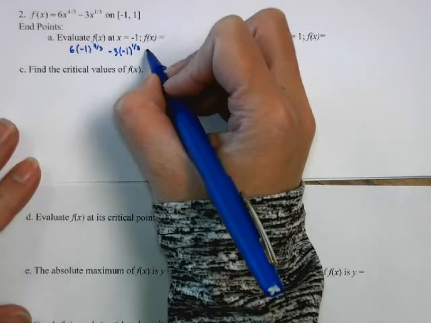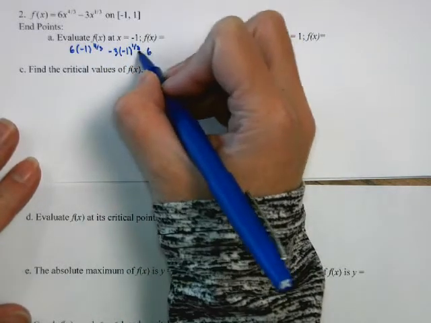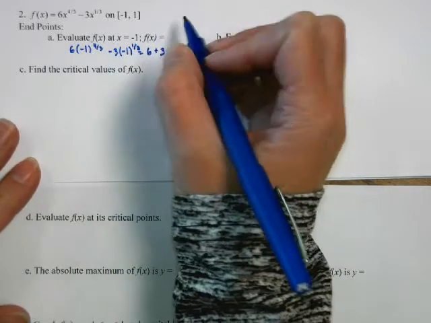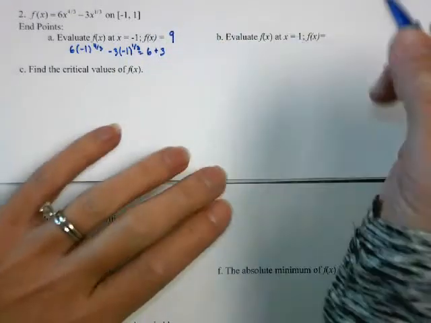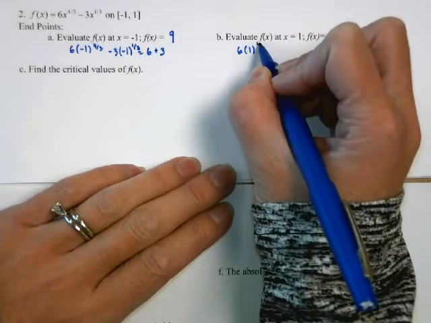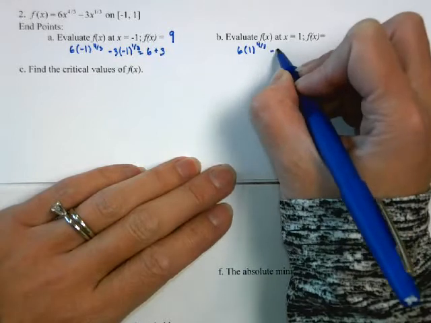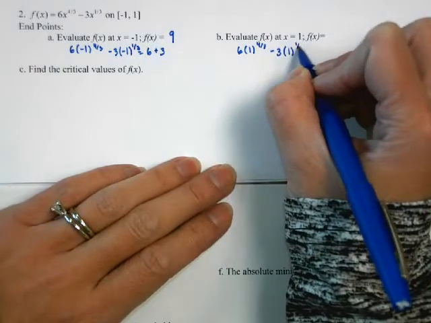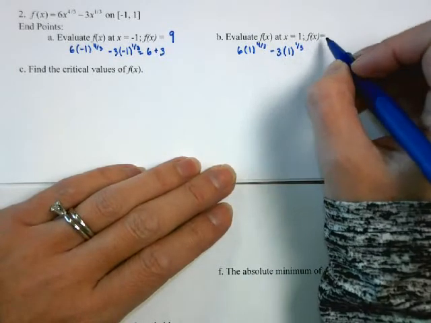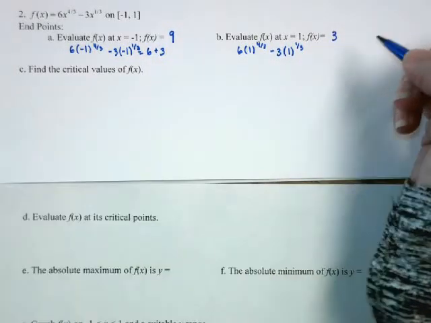This is going to make this a positive, so that's 6. This will be negative, which will make that positive. So we get 9. At 1, we're going to have 6 times 1 to the 4/3 minus 3 times 1 to the 1/3. 1 to anything is 1, so this is just 6 minus 3, which is 3.